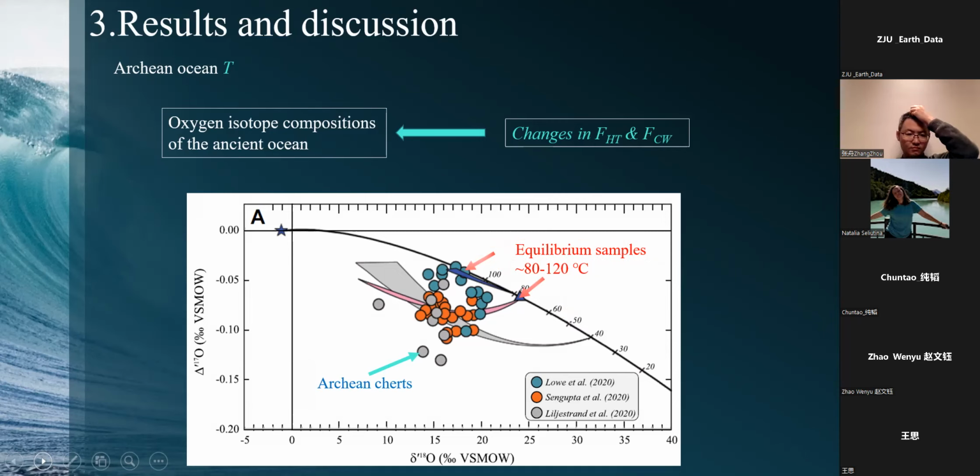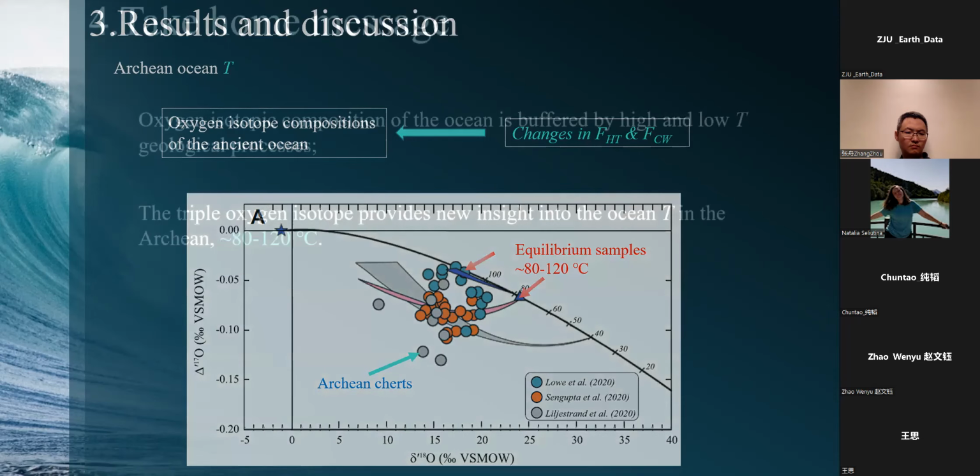They point out that this Archean chert is in equilibrium with seawater during precipitation at that time, and other samples are not in equilibrium with seawater.